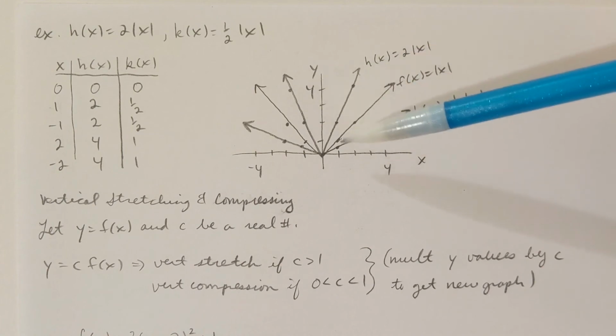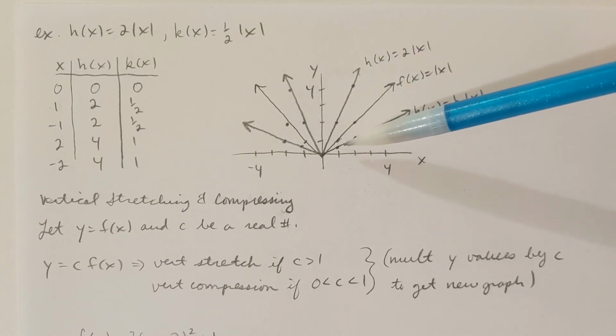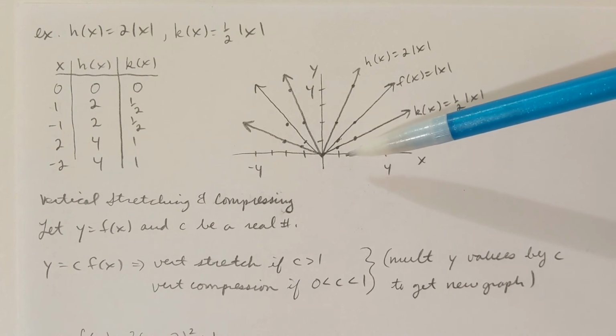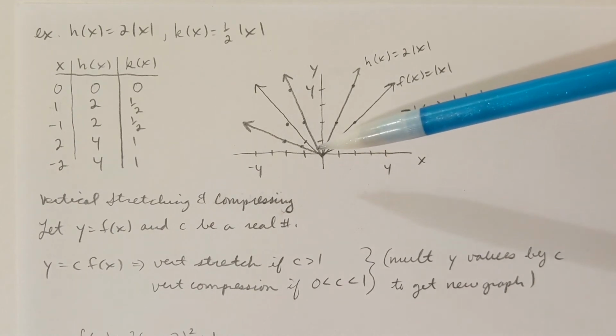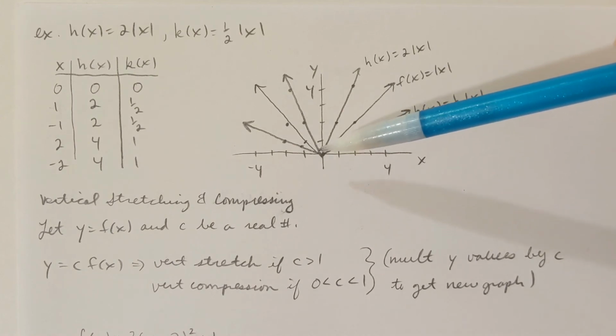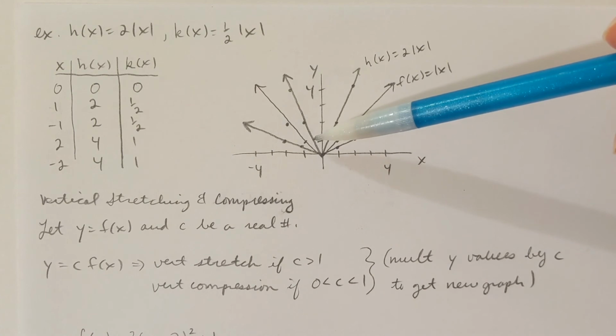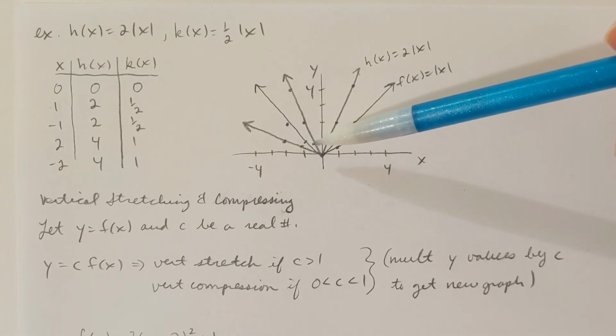Now, in order to get that, 1, 1 changed from 1 to 1/2. If x is -1, then -1, 1 goes to -1, 1/2, which is right here.